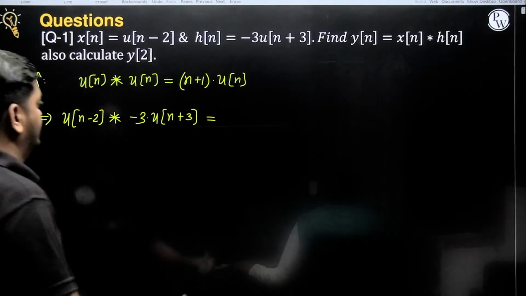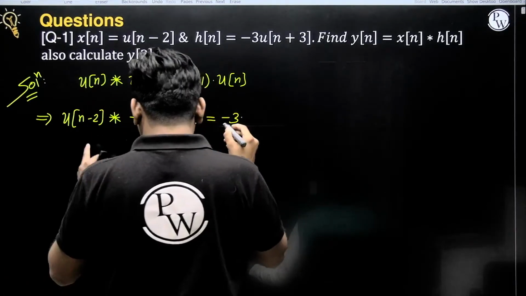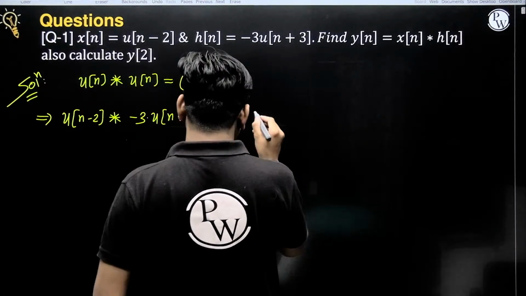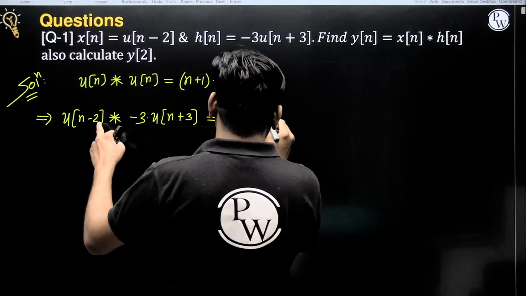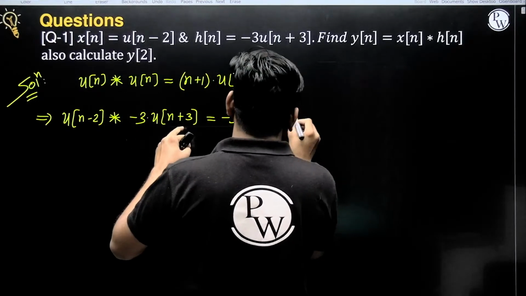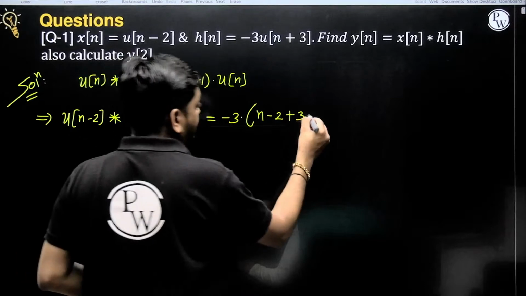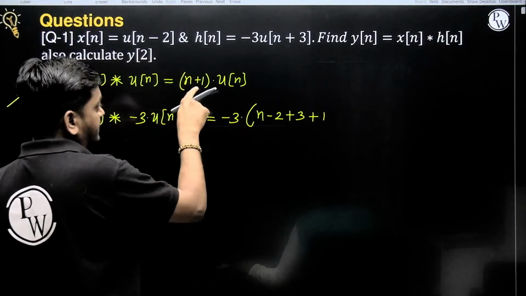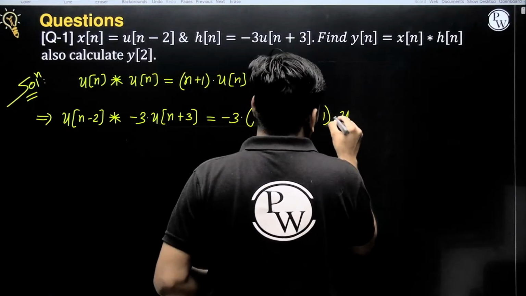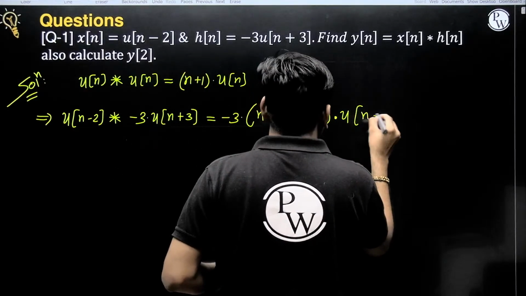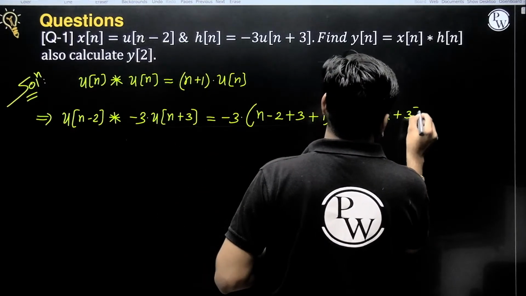So 1 into minus 3, amplitude is minus 3. Now n plus 1, guys, here. So n becomes n minus 2, again n becomes n plus 3, guys. Minus 2, plus 3, and plus 1 also there. Don't forget this plus 1, guys. Don't forget to write this plus 1.